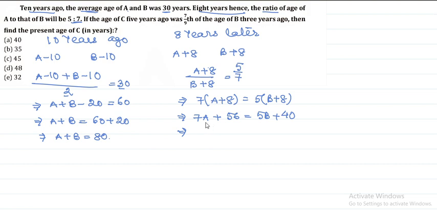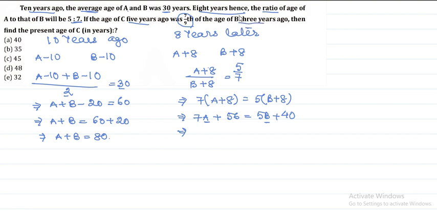Now carefully if we see, we have A here and we have B here. So it would be more logical that we find the value of B, because see the third part, it says that C 5 years ago was 7/9 of the age of B 3 years ago.